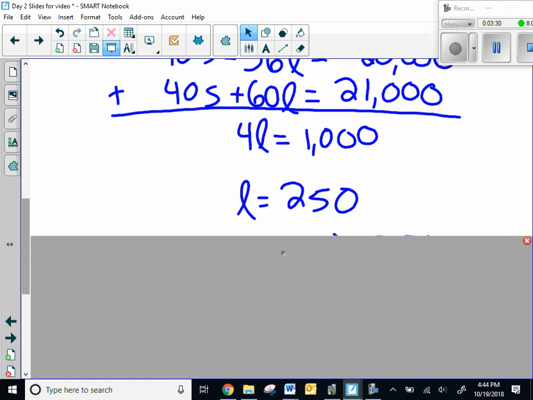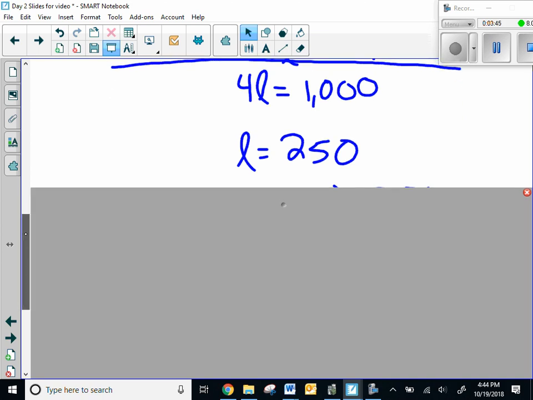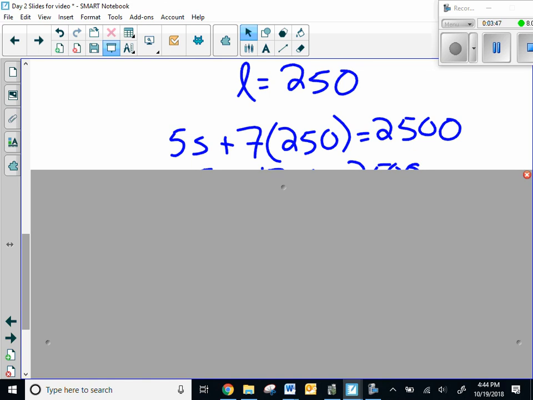So L is 250. Now, if it just asked for how many long sleeve shirts, we could actually be done here, right? Because we know how many long sleeve shirts, 250 long sleeve shirts. But it asked for each type, so we got to figure out S still. So we plug that L back into one of the equations. I chose that first equation, but you could use the other one and get you the same answer.